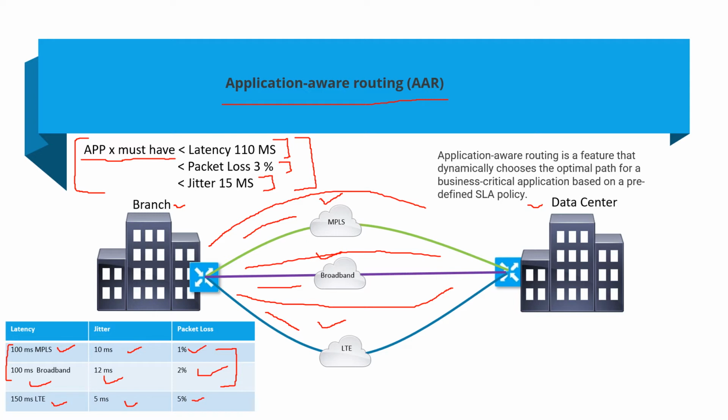Packet loss should be less than 3%. That is exactly what we see. And the jitter should be less than 15 ms. Only these two links qualify for this particular traffic.